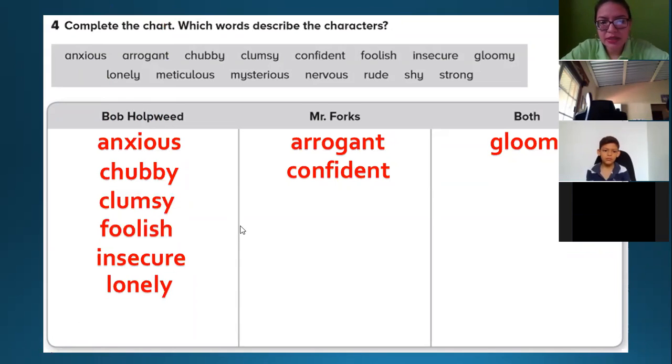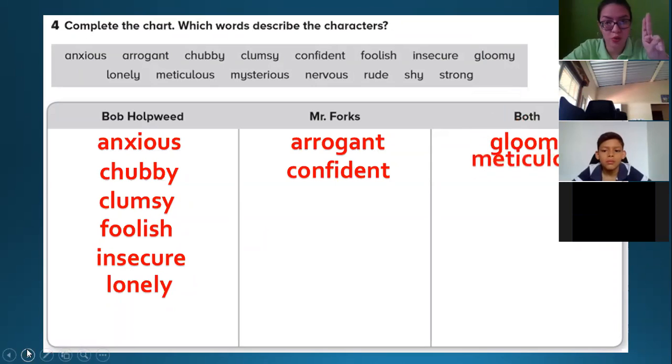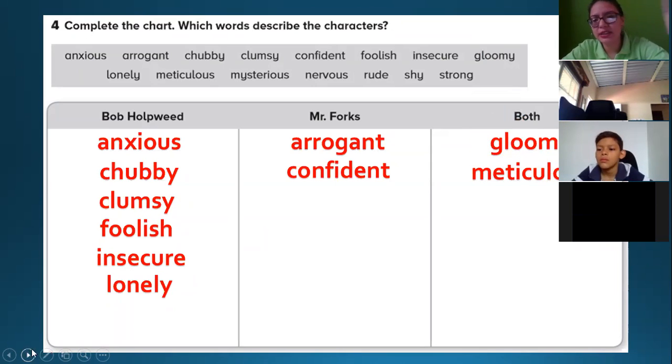Natalie, who is meticulous? Mr. Forbes. Okay, let's check if Mr. Forbes is meticulous. Both Bob Holwitz and Mr. Forbes, because both are very careful with the things they do. Okay, both.